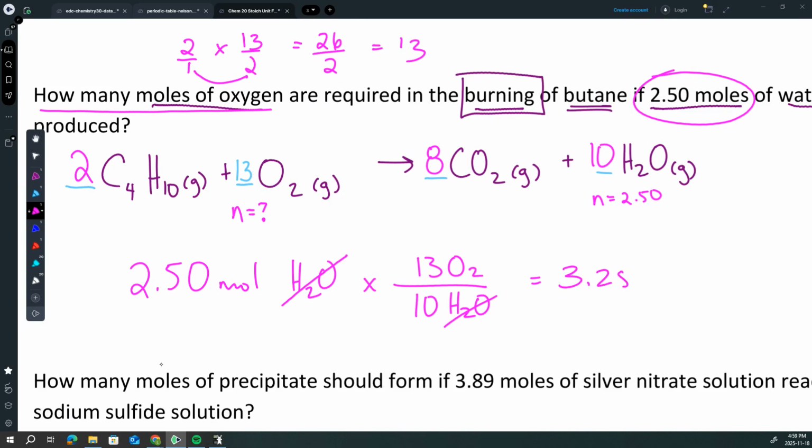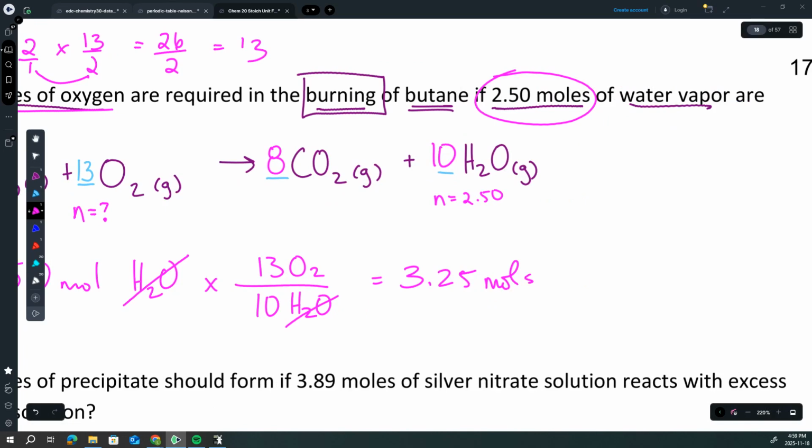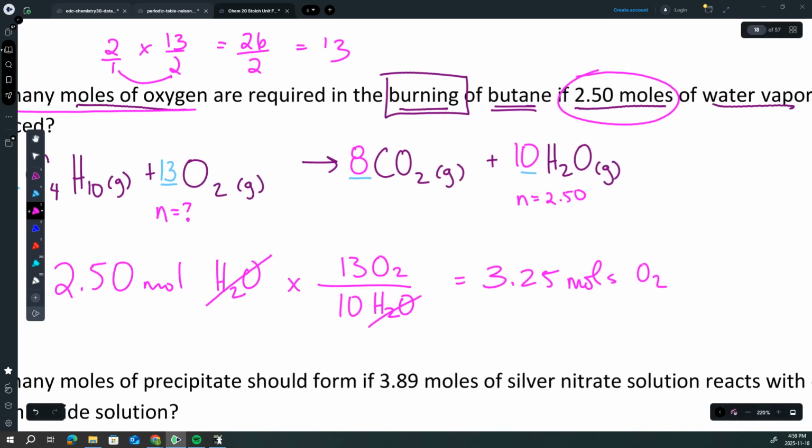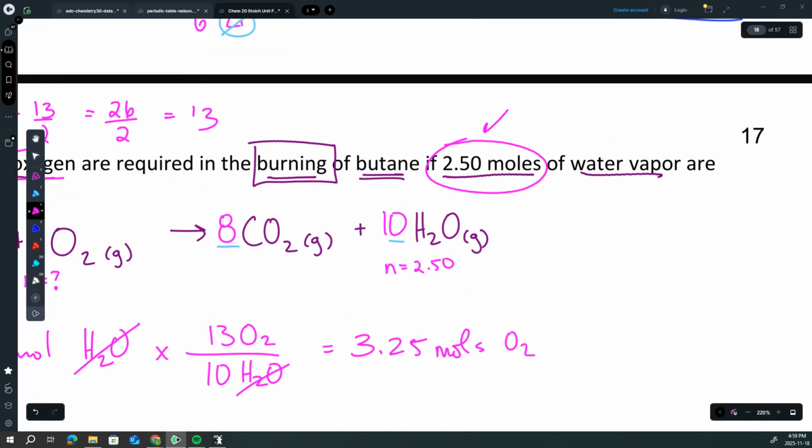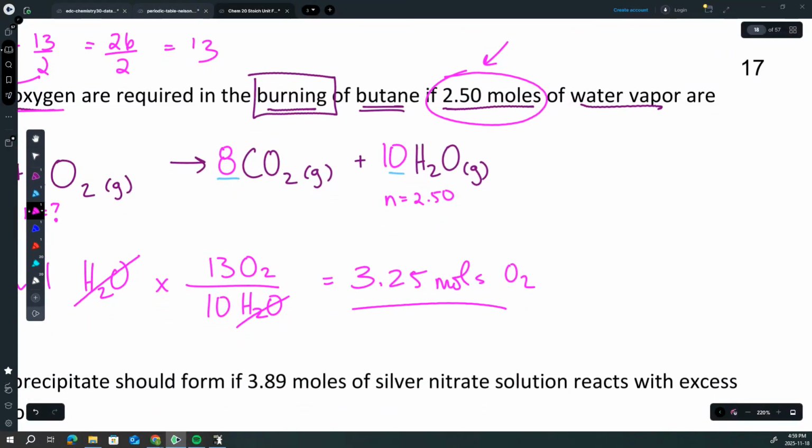So 3.25, remember units, moles, and the identity of the substance is going to be oxygen. Now sig digs. The given number in the question has 3 sig digs. Our answer has 3 sig digs, so we are done.